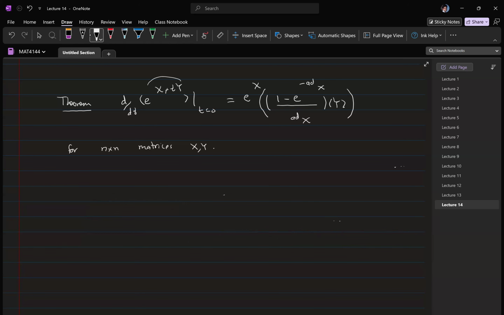And now here I'm using the following: 1 minus e to the minus z divided by z is just 1 minus z over 1 factorial plus z squared over 2 factorial minus z cubed over 3 factorial plus minus. Okay. All is good. All right.